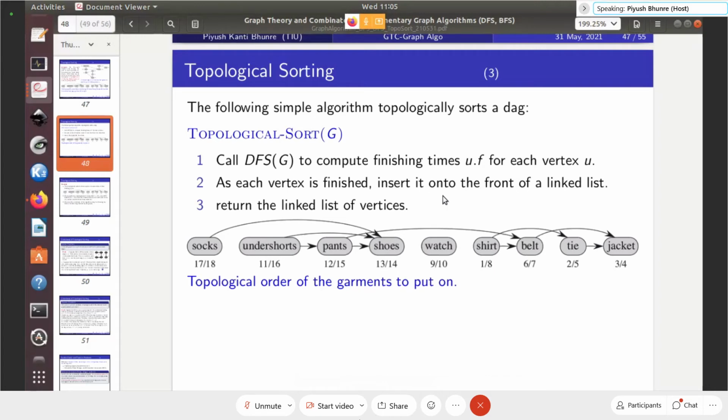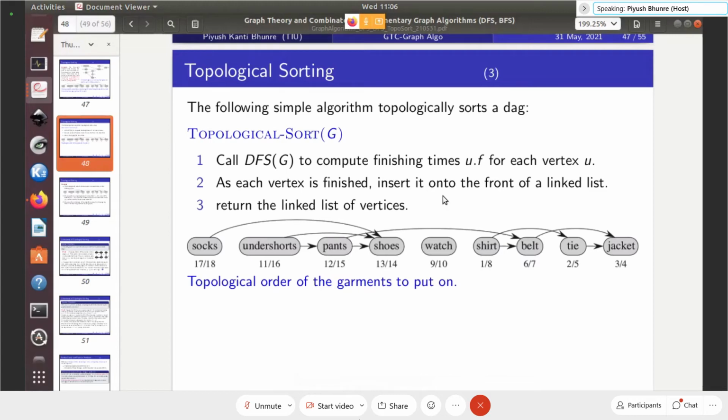So that's why we put it on a linked list, in the front. Again, next time when we discover another vertex, we put it on the front of the linked list, so that as soon as we finish one vertex for exploration, we put that vertex into the linked list one by one. So that will give a linear ordering of the vertices.